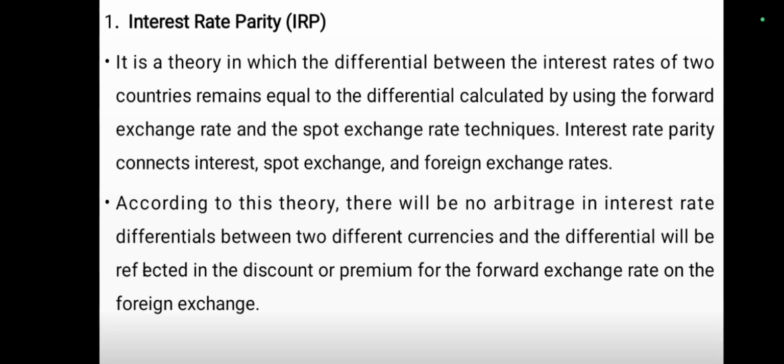After 1 year, that differential will be resolved. This 5% interest is compensated by the differential. That is what this theory says. So according to this theory, there will be no arbitrage in the interest rate differential between the two countries. You can't make that 5% profit, because it will be compensated.